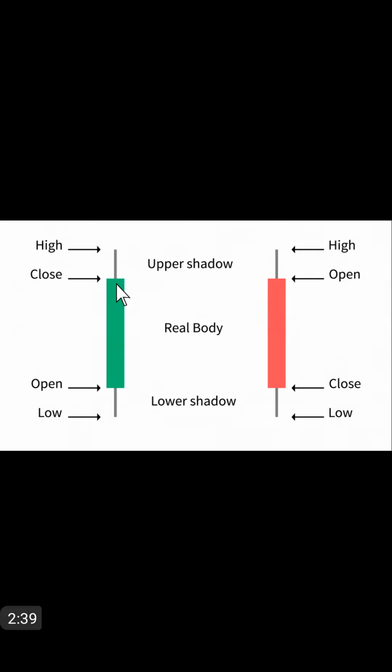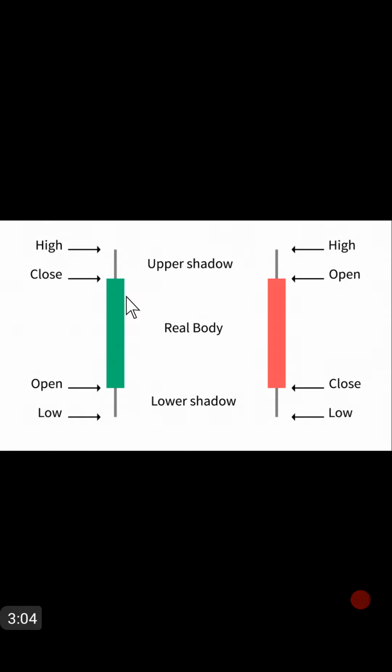This is a bullish candlestick and this is a bearish candlestick. Please take note. This filled up part is usually called the body. It might be as long as this, might be even smaller than this. No matter what it is, this part that is filled up is called the body of the candle.